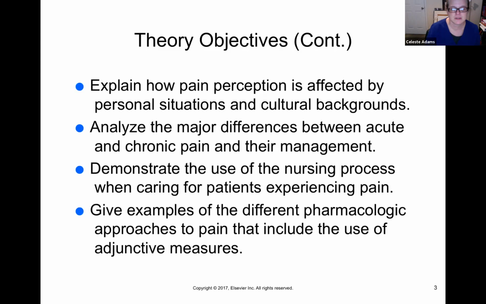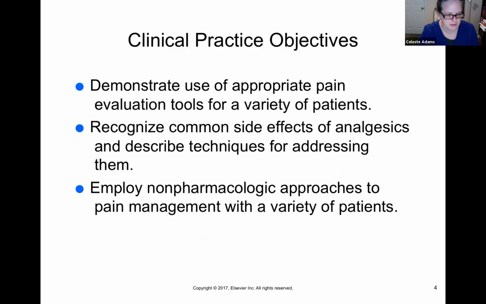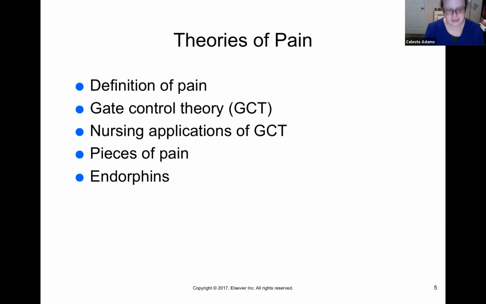That includes the use of adjunctive measures, maybe procedures that can be done on patients that have chronic pain, like TENS stimulation, epidural injections, that sort of thing. We don't need to know about clinical practice. All right, so some theories of pain.